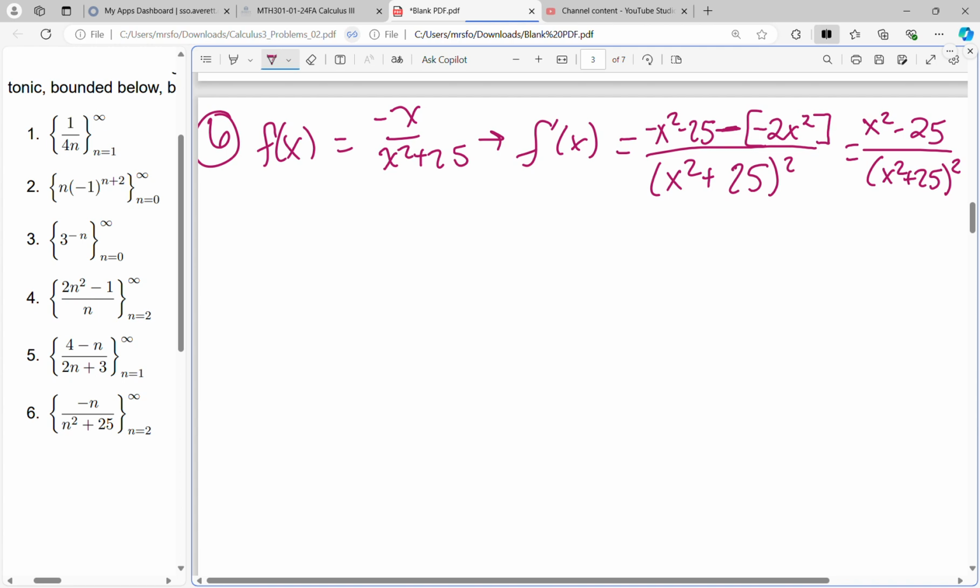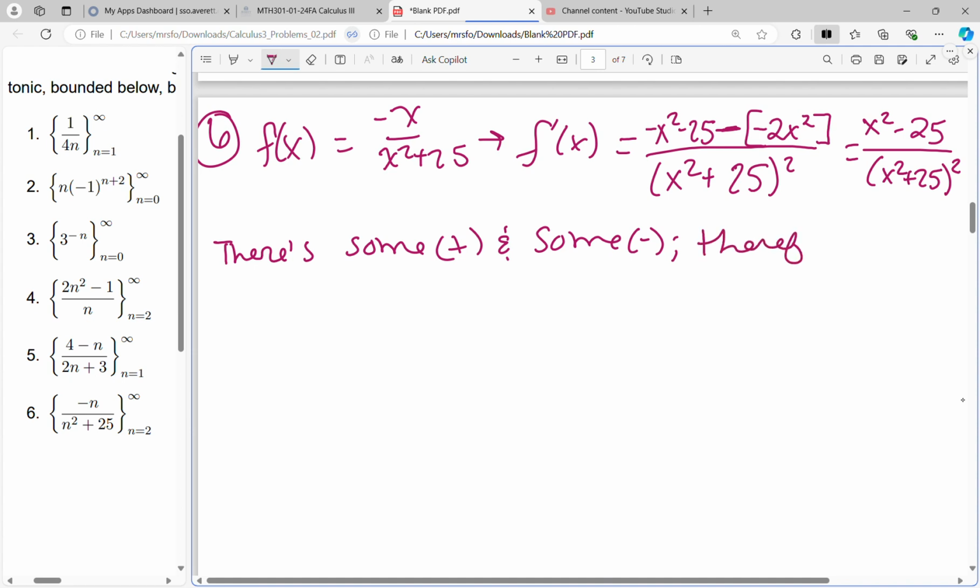So, if it's not going to always be positive and it's not going to always be negative, then it's not increasing or decreasing. There's some positive and some negative in that derivative.